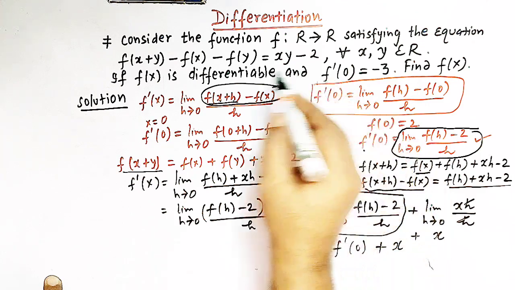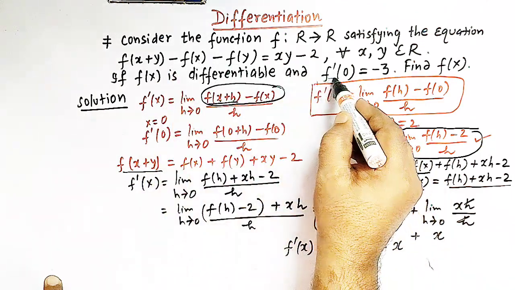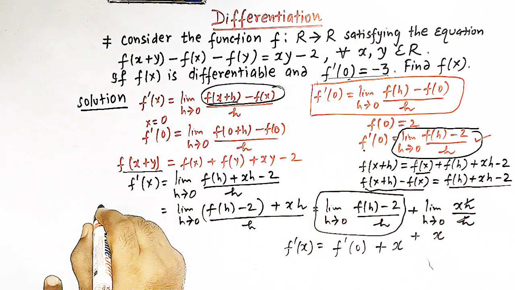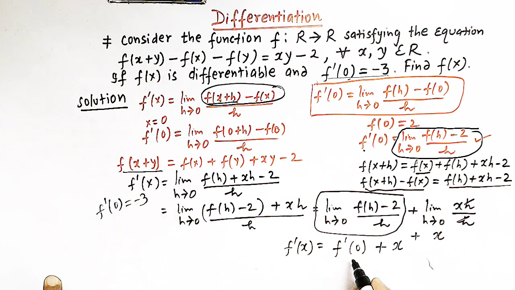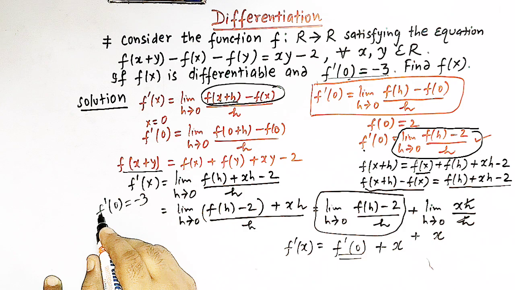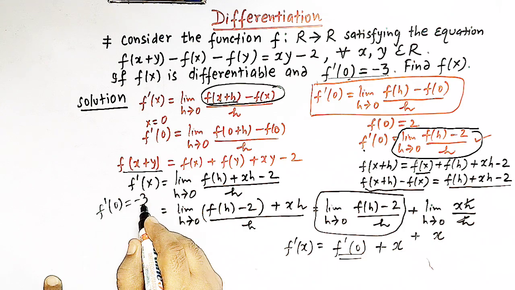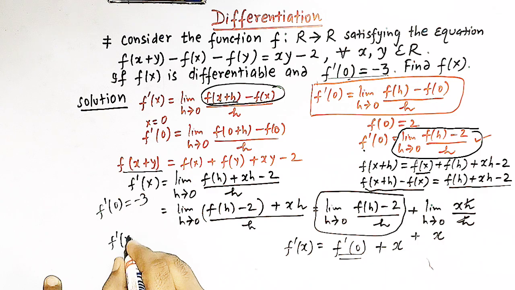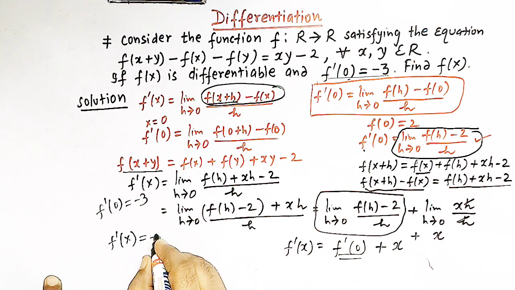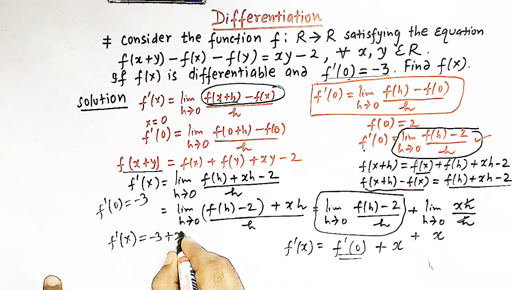Now in the given problem, we are given that f prime of 0 is equal to minus 3. So let us substitute over here, f prime of 0 is equal to minus 3. So now f prime of x is equal to minus 3 plus x.